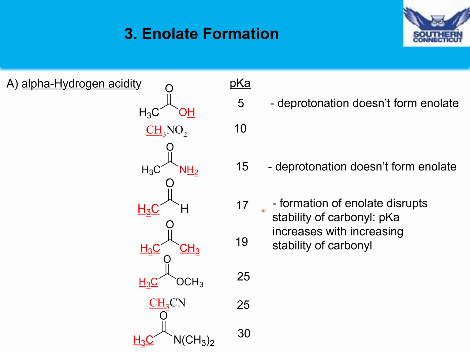Typically the least stable, or the easier to break the double bond of the carbonyl, the lower the pKa value. One way of rationalizing this is that with amides, you have a very stable carbonyl, and so it is much harder to deprotonate one of these alpha hydrogens, which would result in getting rid of part of the double bond character between the carbon and oxygen once you convert it into an enolate.